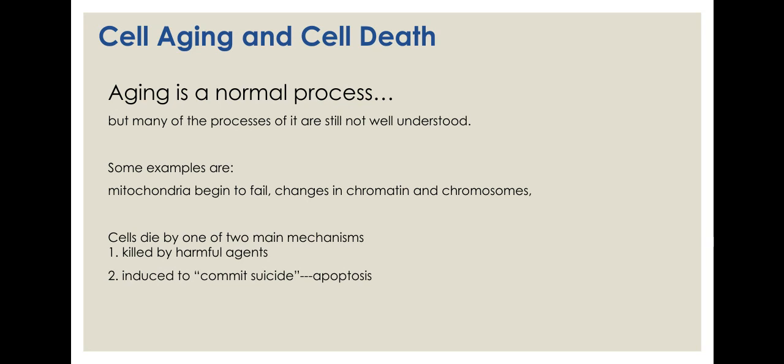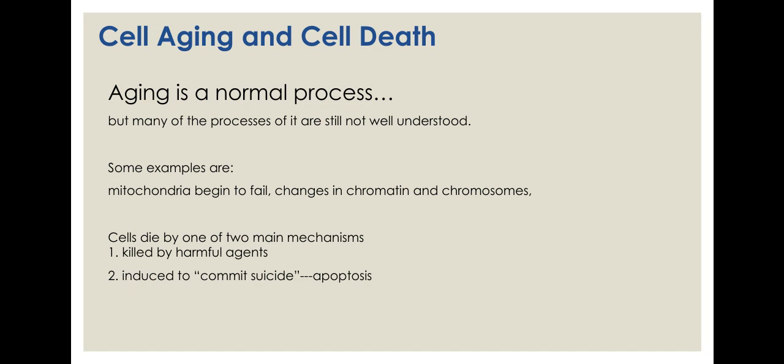And scientists are still really digging into the processes of aging because not everything is well understood. We have sort of a general idea about cell aging, especially with DNA and having parts of DNA degrade. And those parts we call the telomeres.